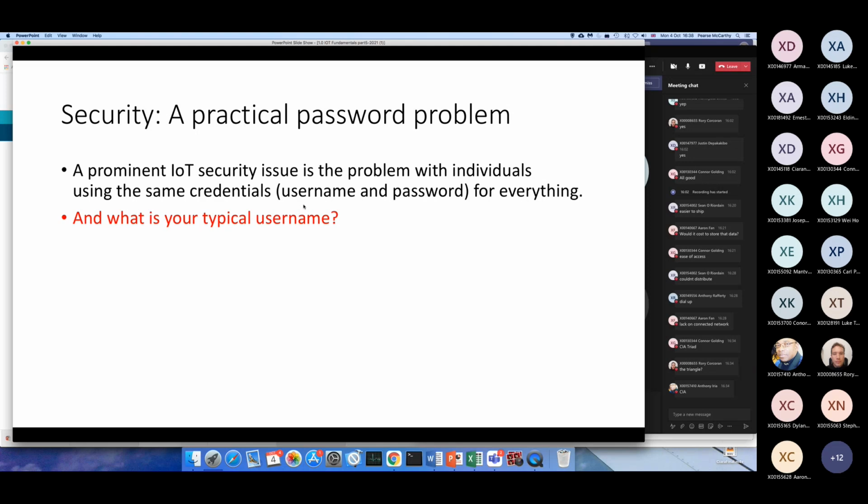What are you typically prompted for on all these remote systems? Think about it. Anything you sign up for on the internet, what are you typically asked for, or it suggests, or you don't have a choice as being your username?